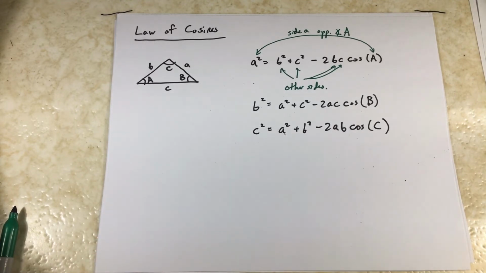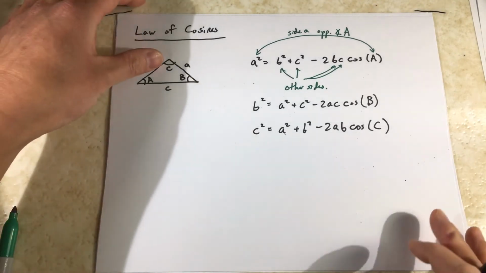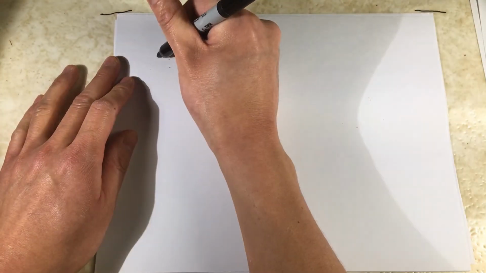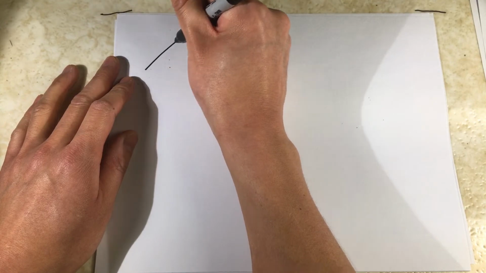I'm going to show you one of these. So let's say that we have a triangle that looks like this.